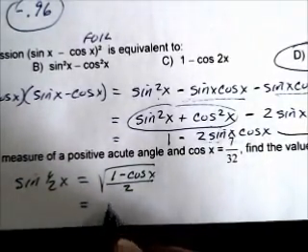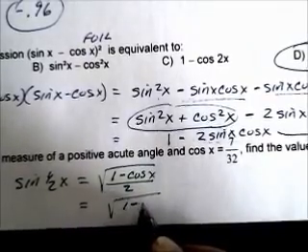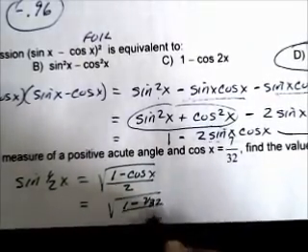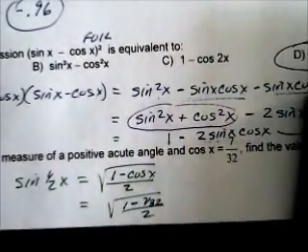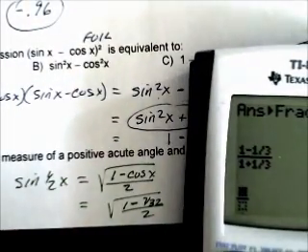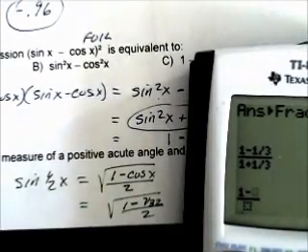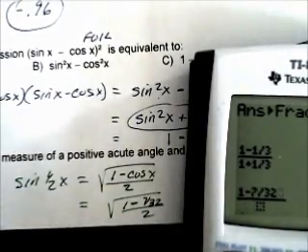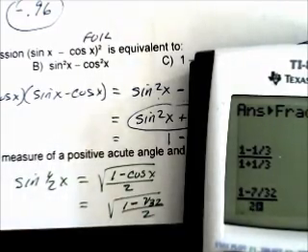Okay, so this is the square root of 1 minus 7/32 all over 2. Go to the calculator, 1 minus 7 divided by 32 all over 2.